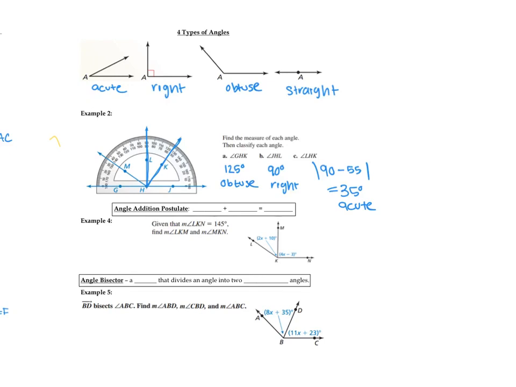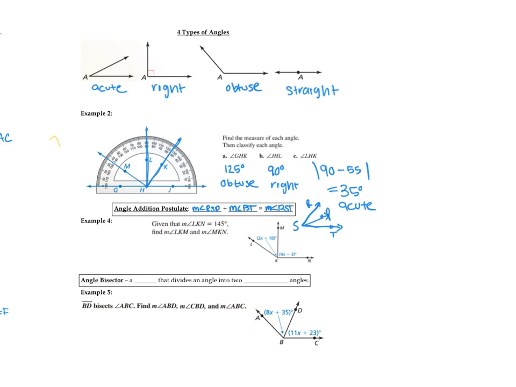An example here would be if I had an angle that looked like this, so let's say this was S, and this was R, and the middle one was P, and then this one is T. If I was to look at this, then I could say that the measurement of angle RSP plus the measurement of angle PST is equal to the measurement of angle RST.